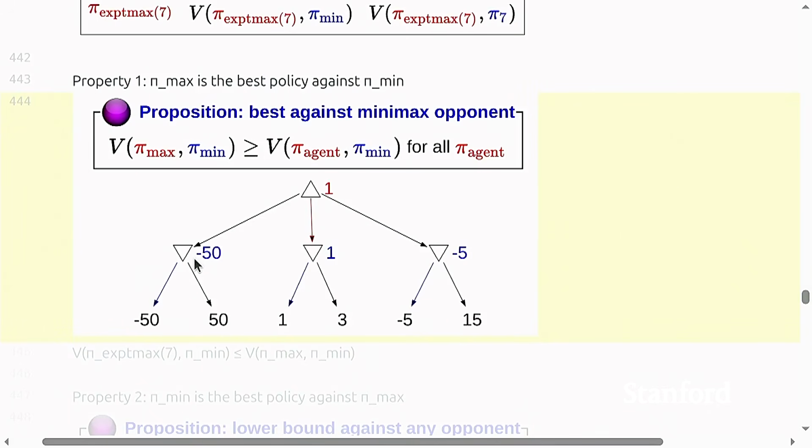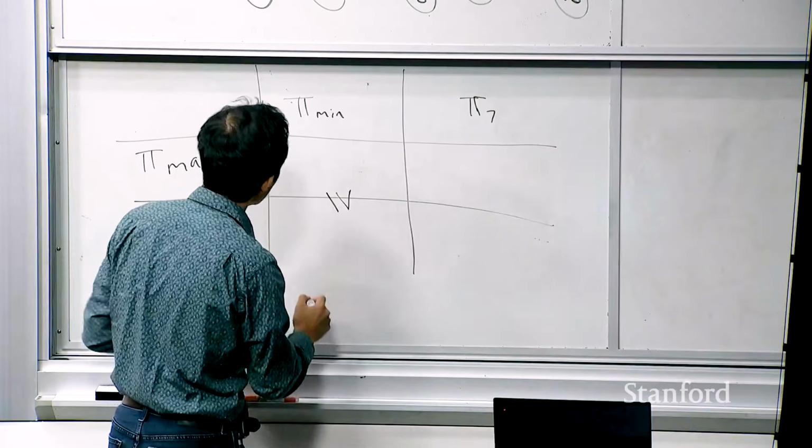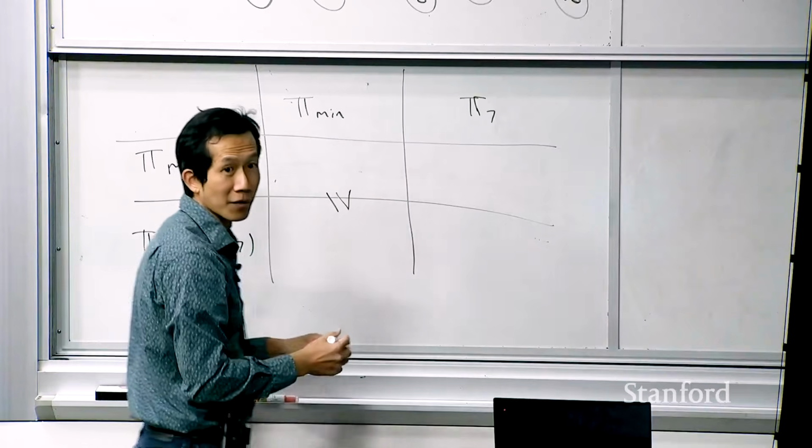Okay? So using that fact, we can conclude that V of pi max, pi min is greater or equal to this other policy. This is for all other policies, this is just another policy. So the left-hand side is greater than the right-hand side, which means that this holds. Okay, so this value is greater than that value.